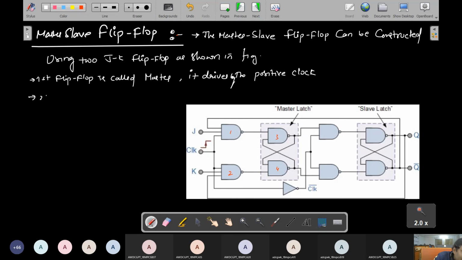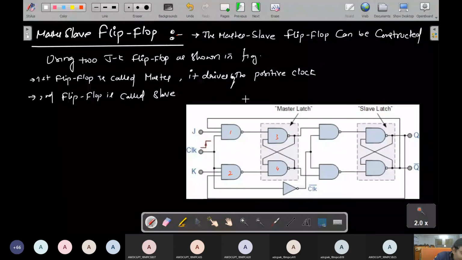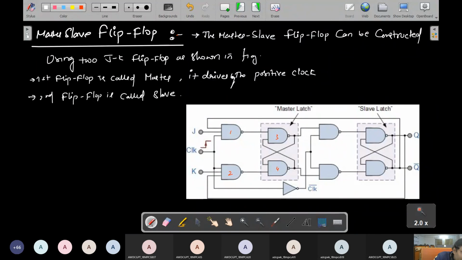And the second flip flop is called slave, and it is driven by the negative clock. Understand? Positive clock and negative clock.